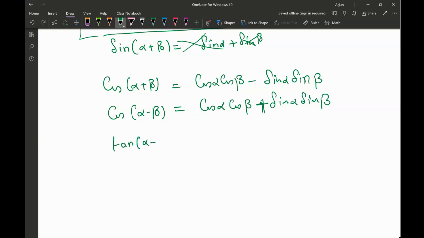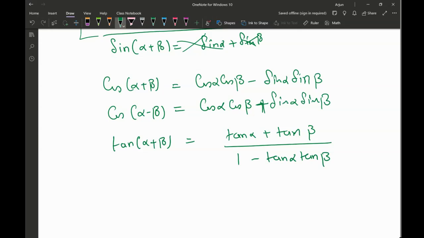Now the final formulas which I will talk about. Tangent alpha plus beta is equal to tan alpha plus tan beta divided by 1 minus tan alpha tan beta.